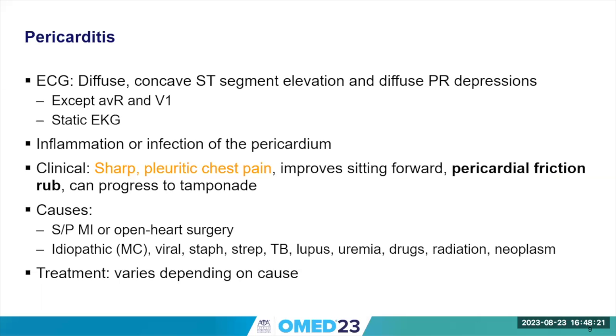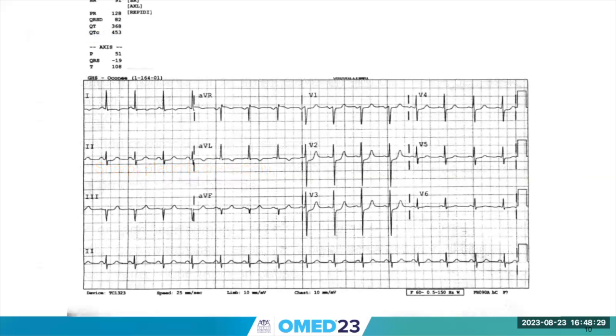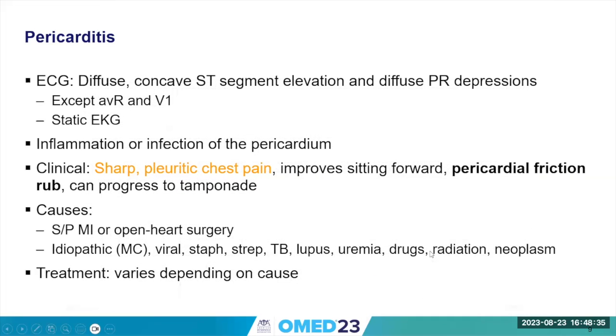I believe the most common is Coxsackie virus that causes that, amongst TB, lupus, uremia, etc. So knowing that this can be caused by so many different things, the main key is that it can be treated in various ways, and the treatment typically depends on the cause.